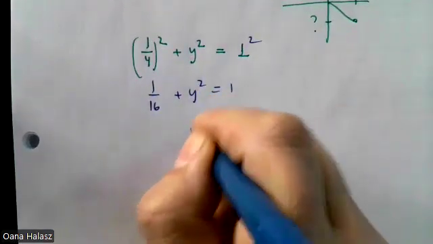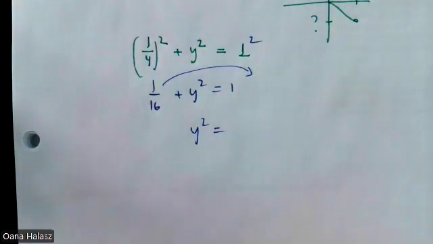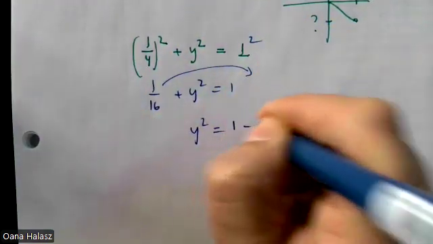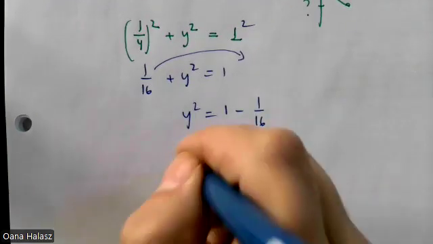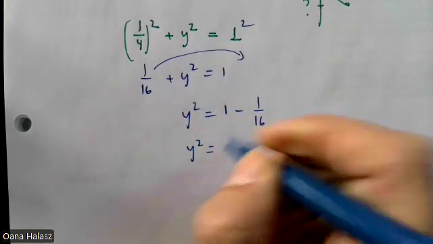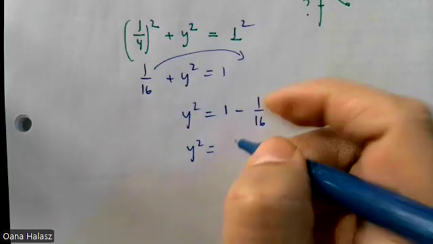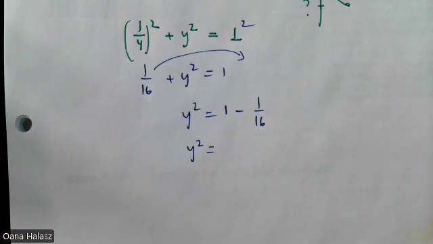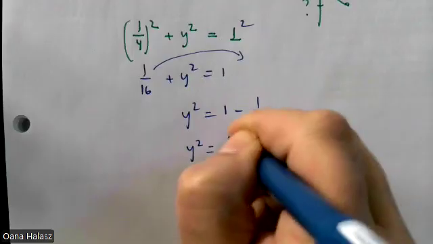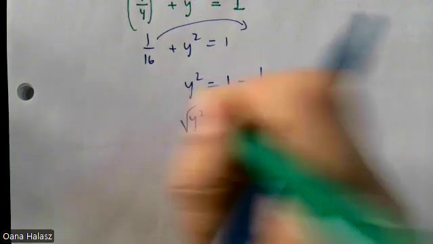And then y squared is the one we need. So y squared on the left, 1 over 16 on the right. So 1 minus 1 over 16. y squared equals, what's 1 minus 1/16? Without even doing the expansion. 15 over 16, that's right. And now square root it.